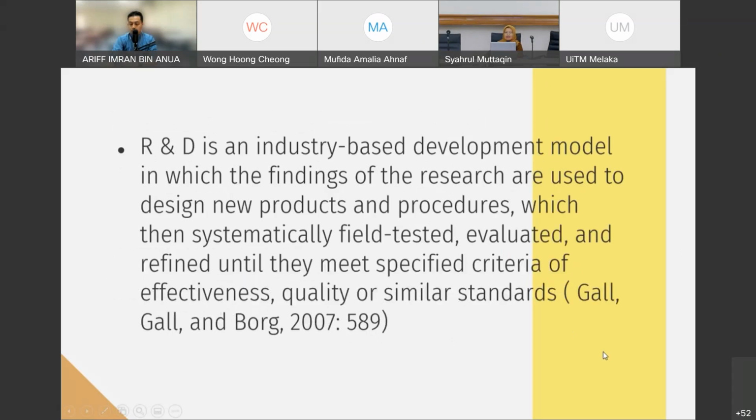And then this is also from Gall and Borg. Actually, it is an industry-based development in which the findings of the research design new products and procedures, which are then systematically field tested, evaluated, and refined until they meet specified criteria of effectiveness, quality, or similar standards.